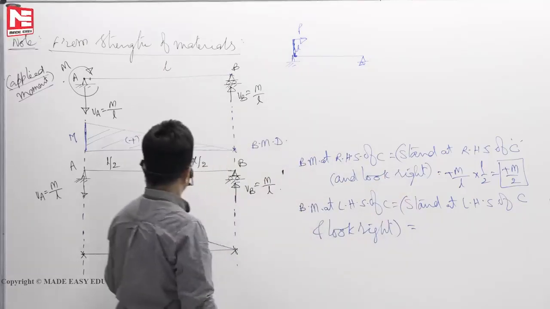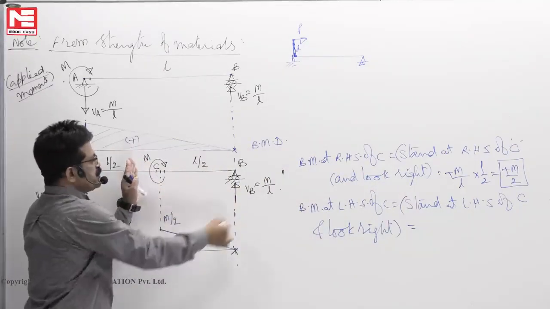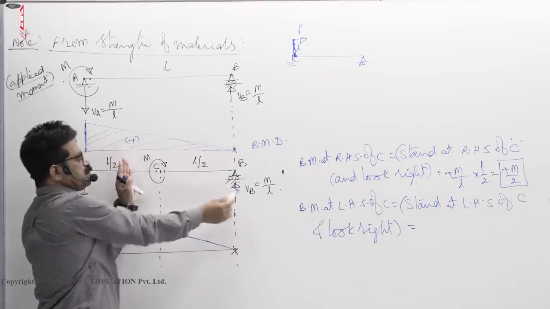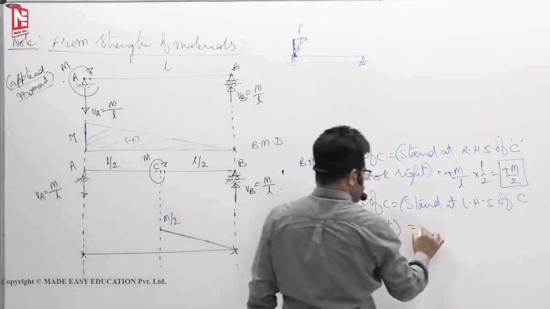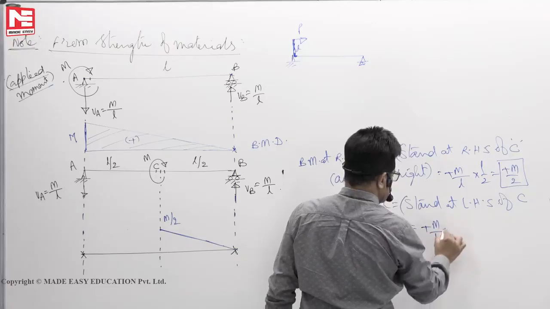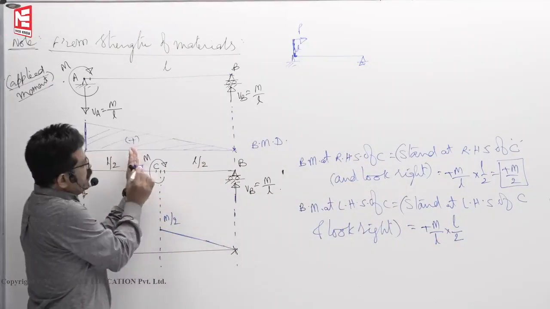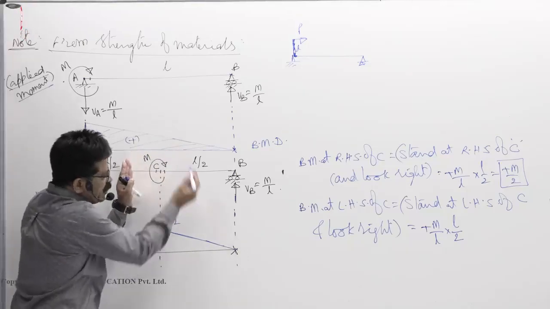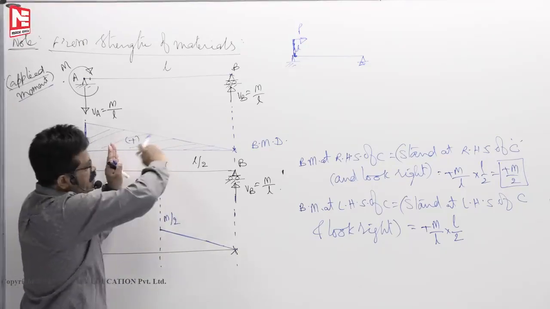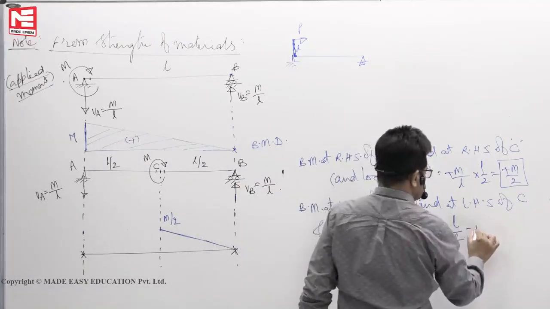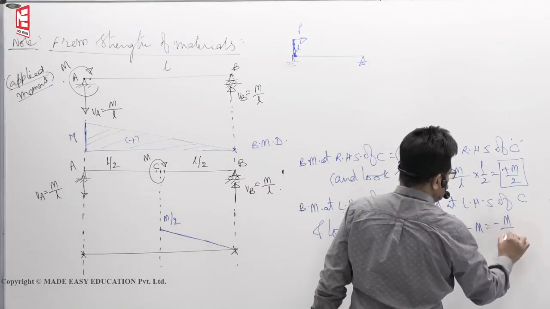How many forces are there now? VB and M. Upward force gives positive bending moment, so plus M by L into L by 2 is over. Now, to the section's right side there is a clockwise moment, so it will hog. So minus M. So you will get minus M by 2.